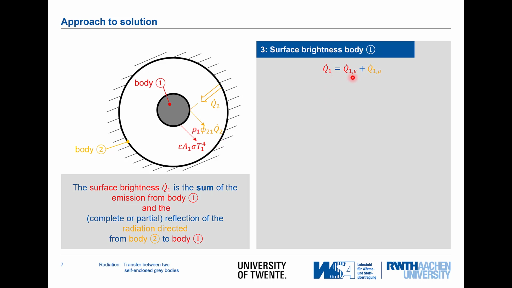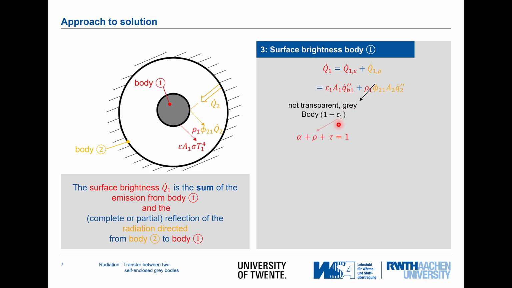So q dot 1 has an emissive element and a reflective element. The emission is related to the black body radiation at the temperature of T1, and this is what is being reflected. Don't forget to put the view factor in. Now the rho 1, using that the body is non-transparent and gray, can be written as 1 minus epsilon.